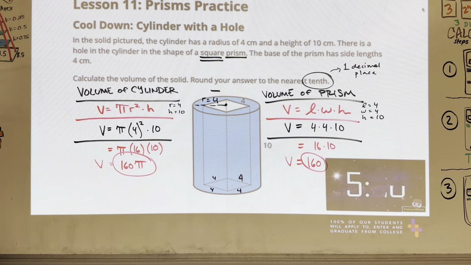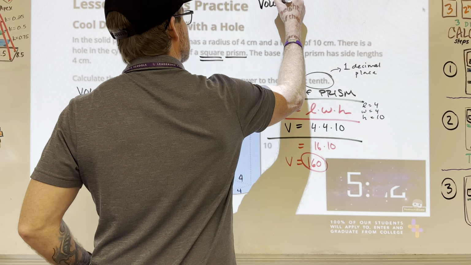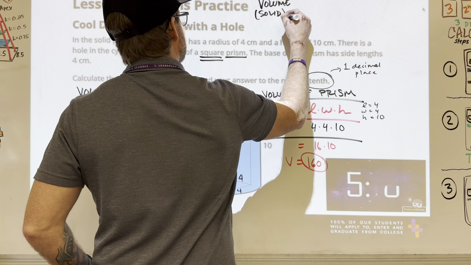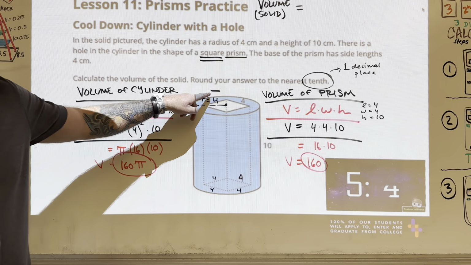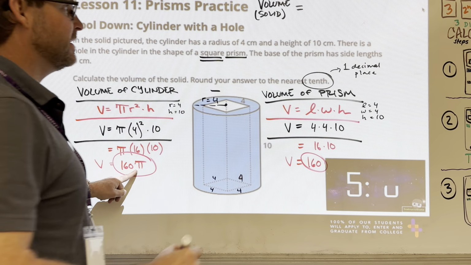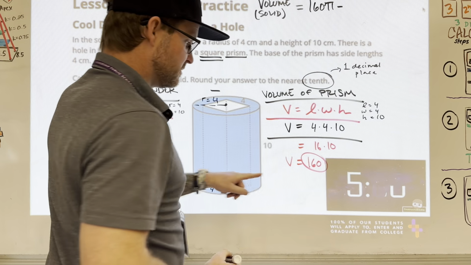So what we're going to do is just go volume of the solid equals, remember, cylinder volume minus prism volume. So 160 pi minus 160.